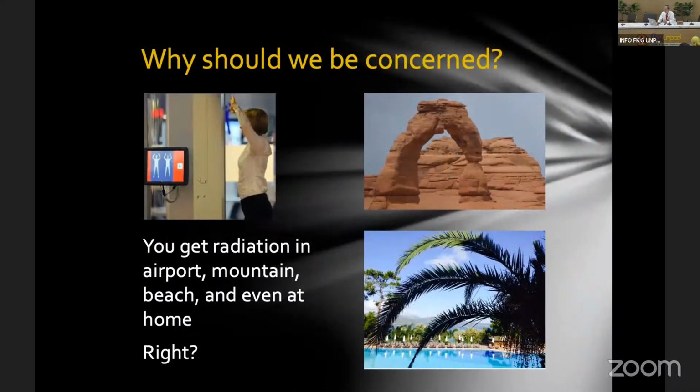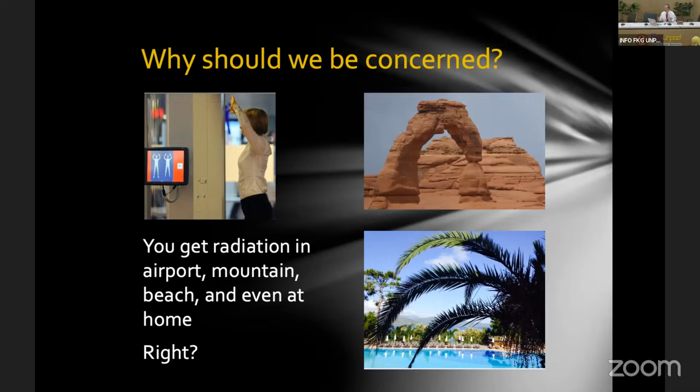Also, people argue that when you go to the airport, you have to go through radiation. If you go to the mountain, you get some radiation. When you go to the beach, you get radiation. Why should people worry about radiation? But the argument is that you really cannot compare them.